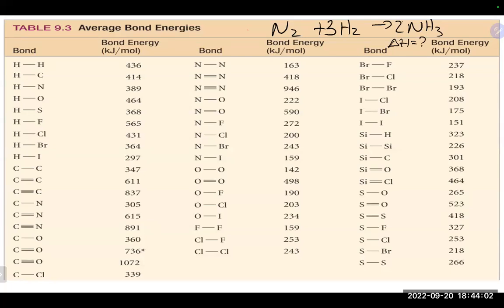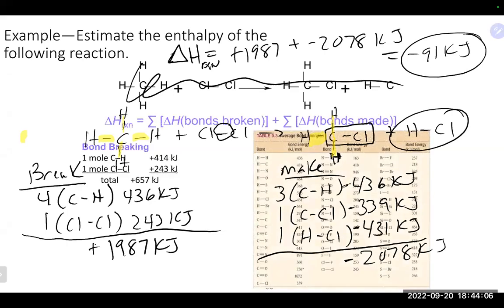So as we drew last time, we had our nitrogen, which should be a triple bond, plus 3 of our hydrogen, which is single bonded. And that's going to go to 2 of our NH3s, right? Looks something like that.